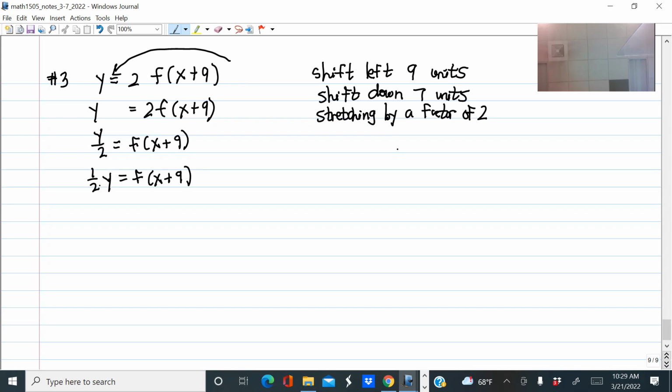So you can see there that since you're multiplying y by 1/2, you're stretching the graph by a factor of 1 over 1/2. But how much is 1 divided by 1/2? That's 2. So we're stretching the graph by a factor of 1 over 1/2, but that's the same as 2.